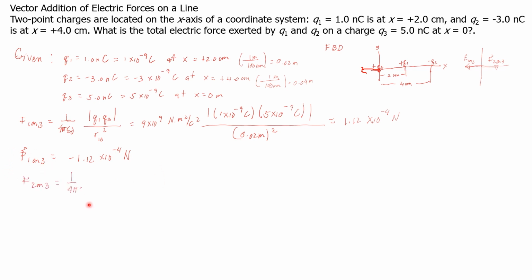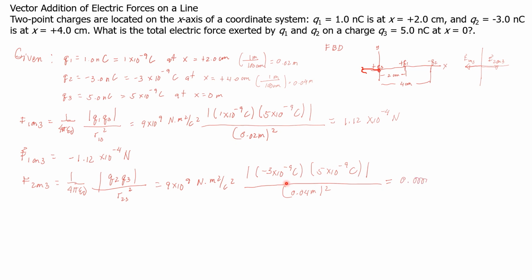For the force of charge 2 exerted on 3, it is equal to 1 over 4 pi epsilon naught times Q2 times Q3 over r23 squared. Again, this is 9 times 10 to the 9, and Q2 is equivalent to negative 3 times 10 to the negative 9. Q3 is 5 times 10 to the negative 9, and the distance between Q3 and Q2 is 4 centimeters or 0.04 meters.